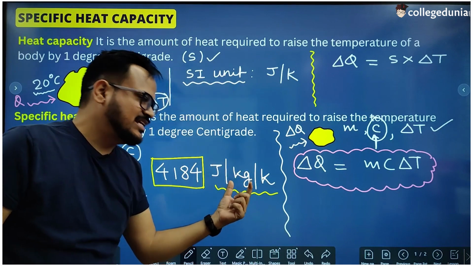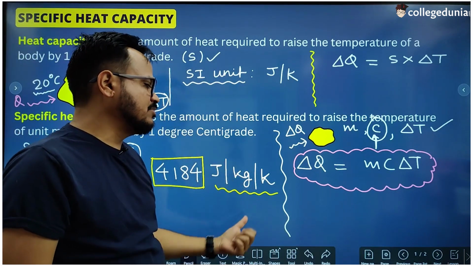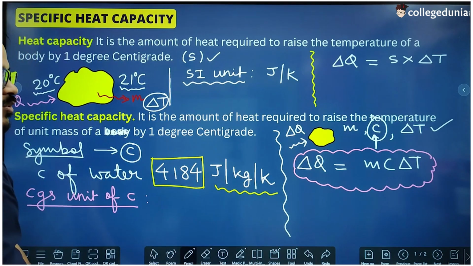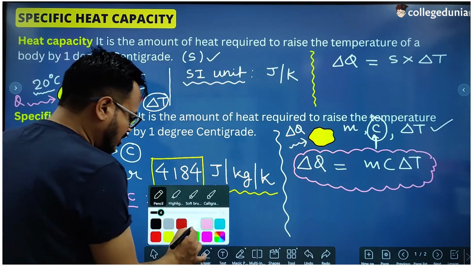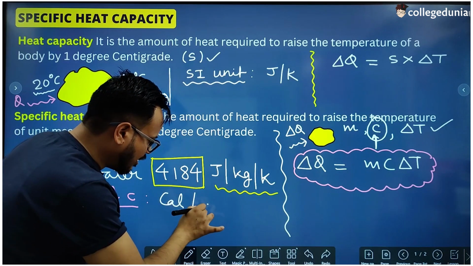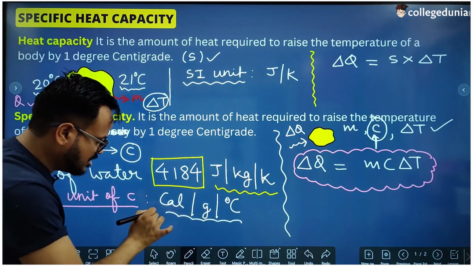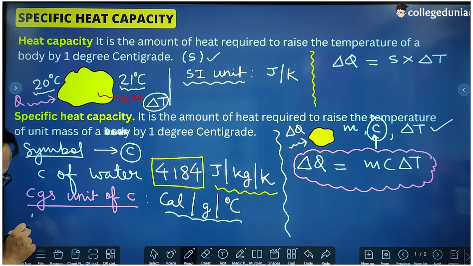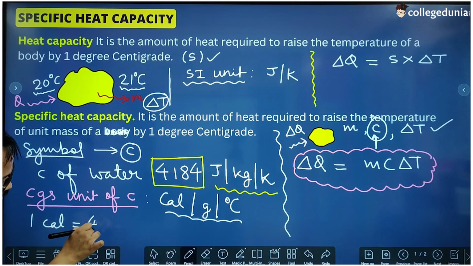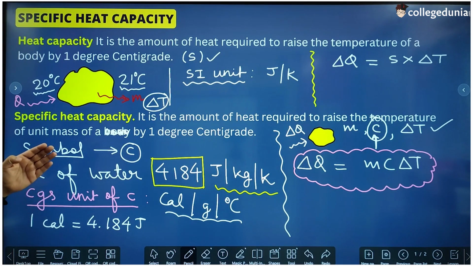Instead of kg, we will write the CGS unit of mass, which is grams, and in place of Kelvin, we will write degree centigrade. So it is calorie per gram per degree centigrade. That is the CGS unit, and the relation is what? 1 calorie is 4.184 joule.